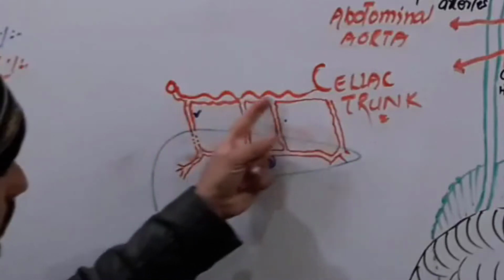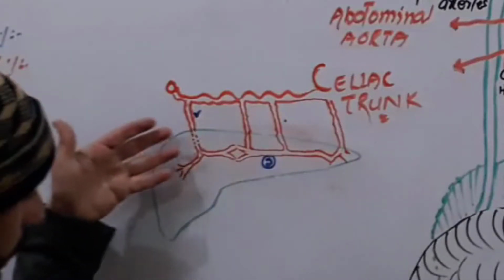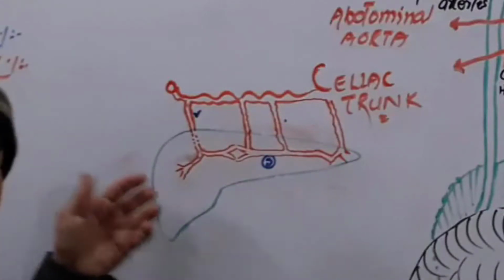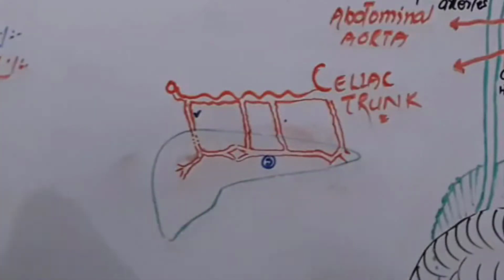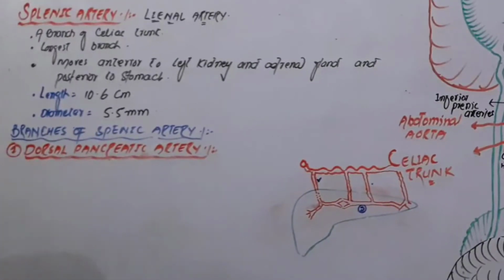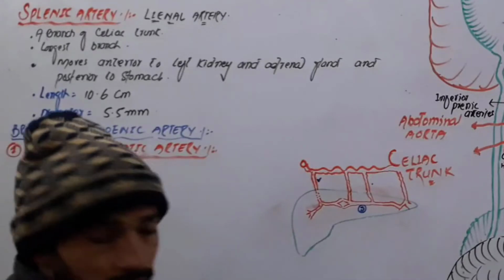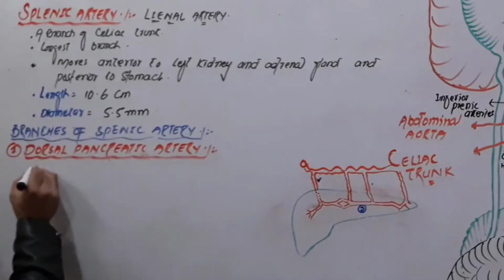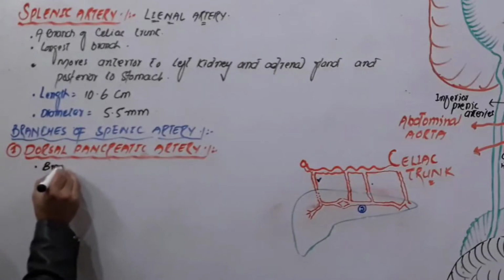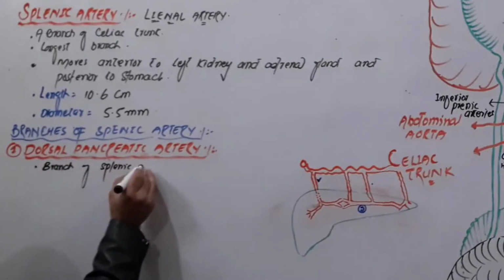these four branches are the branches of the splenic artery which arise from it and directly supply the pancreas. You can see I have drawn the diagram here, right? So let's do it. The dorsal pancreatic artery is the artery which arises from the splenic artery. So let me write it here as a branch of the splenic artery.